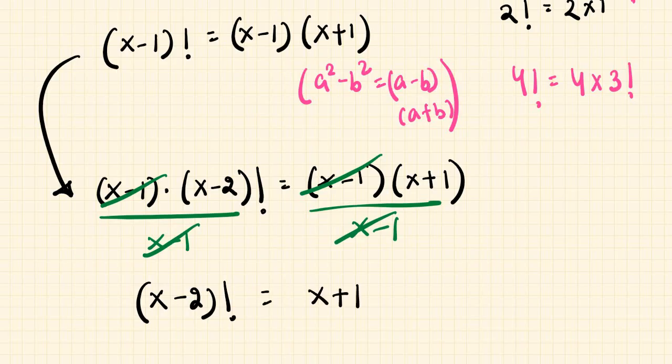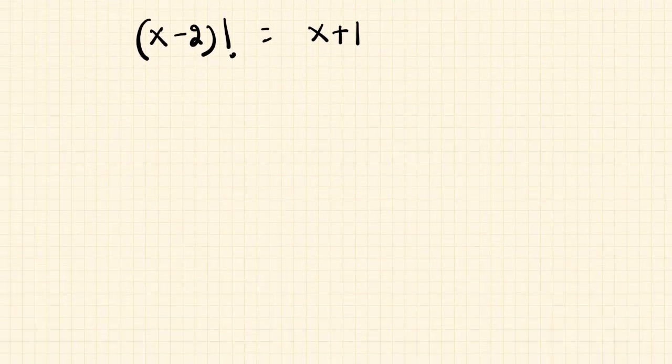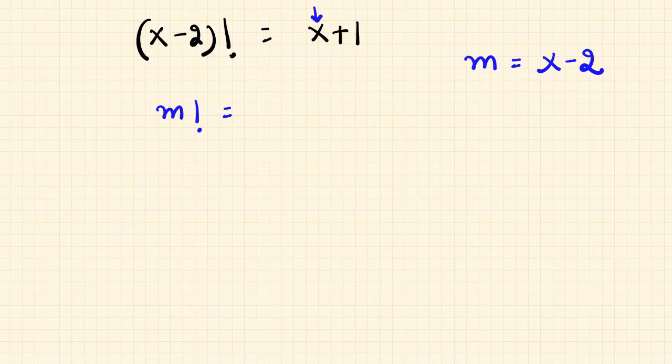I hope that makes sense. Because now neither my left nor right expression has a single x, just to ease it, let's call it something. Let's call m equal to x minus 2. So this became m factorial is equal to, what is x then? x would become m plus 2, right?